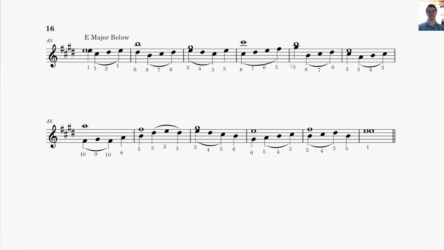In other words, it's nice and stepwise up until this little high point here, which then it leaps down, but since it's recovered and keeps traveling in stepwise motion after that, it's basically like the voice just relocated down here and kept going.